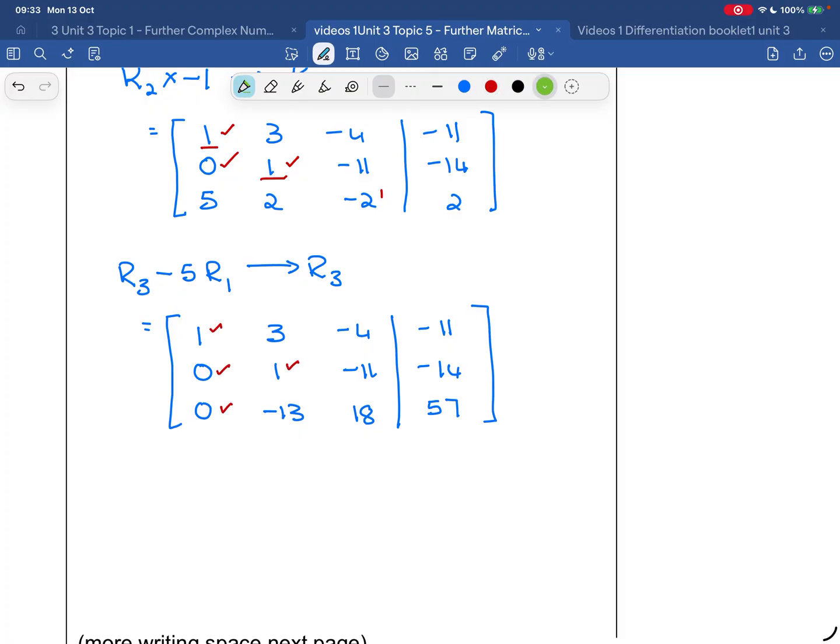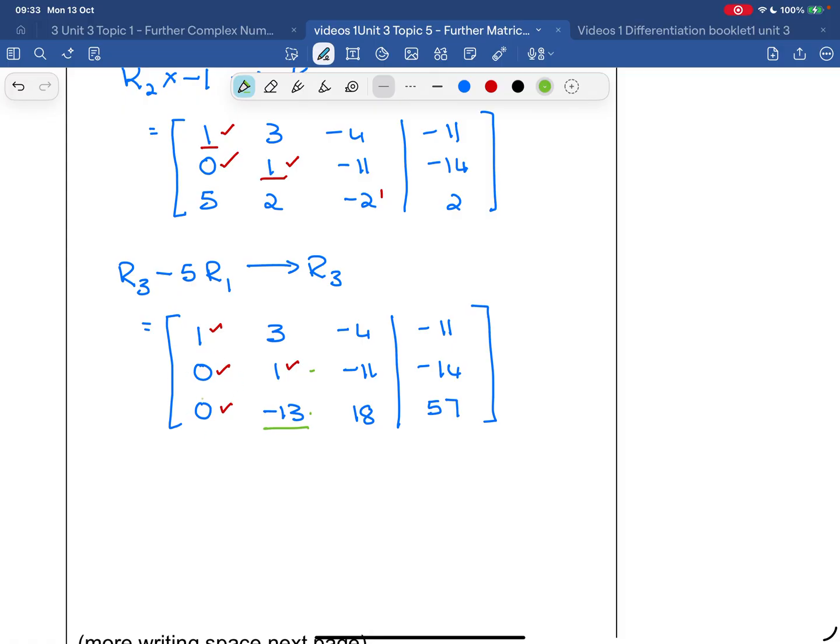My next thing I want to get is my 0 over here. In order to do that, there's, I guess, 2 things I could try. But the most logical thing is if I said, well, row 3 plus 13 row 2, because that's not going to change my zeros.